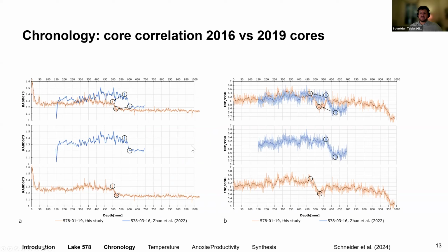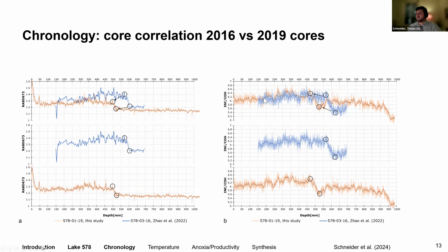We did that based on visual inspection as well as with proxy comparison, for example, hyperspectral imaging. So these are the green pigments measured, in the blue curve in the 2016 core and in orange in the 2019 core. And so we were looking for these easily identifiable features to connect the cores.